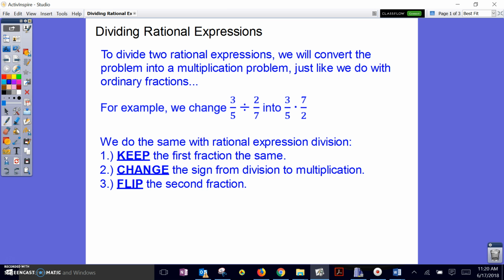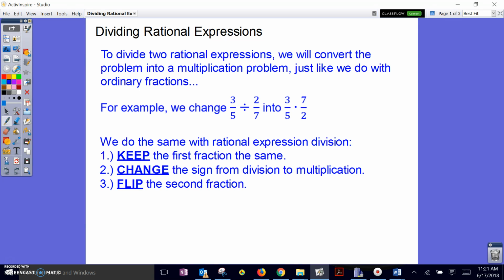So if you look at this, here's an example of what we do with ordinary fractions. If we have the division problem 3/5 divided by 2/7, we turn that into 3/5 times 7/2. And this illustrates the process that we're going to use with rational expressions as well. A lot of people refer to this methodology as keep, change, flip, and I'm going to stick with that terminology here.